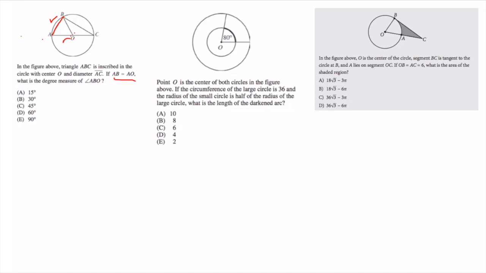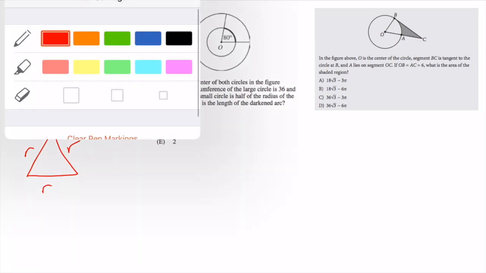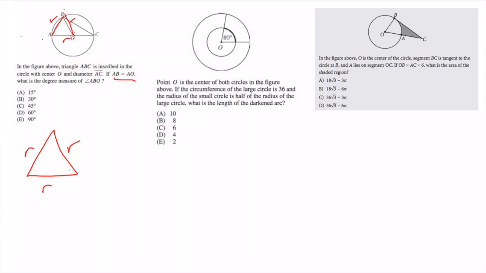And I can tell from the picture that OB is also a radius. So what I have here is radius, radius, radius. This is just an equilateral triangle. Equilateral triangles all have the same angles, which is 180 divided by 3, 60 degrees. So D is my right answer here.